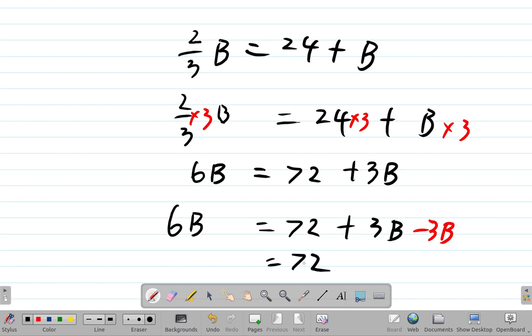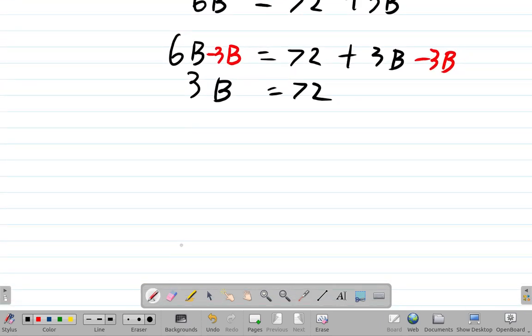As we say in Jamaica, the source of 72. That's what you're going to have. So here we must minus 3b here. 6b's minus 3b's give you what? You only have 3b's left. So 3b is equal to 72, right?